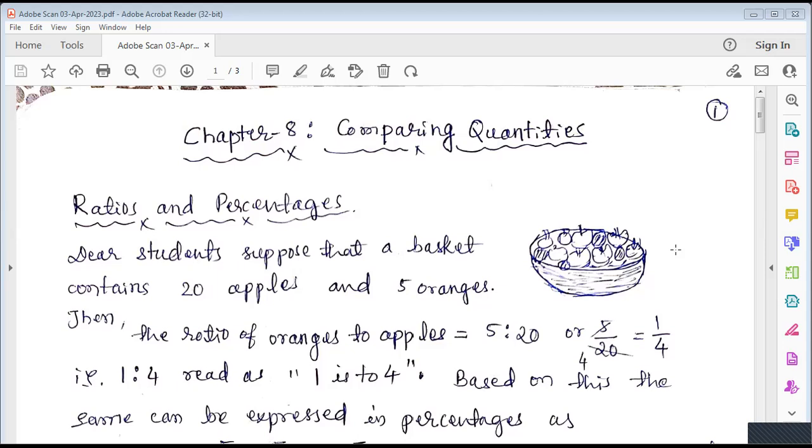This chapter is there for the 8th standard of State Board Karnataka, as well as in the CBSE pattern of the Indian CBSE board. So it is useful for CBSE board students as well as the state board students.